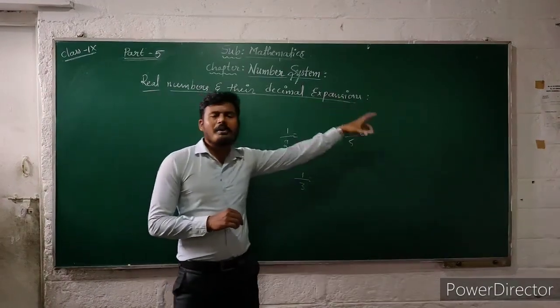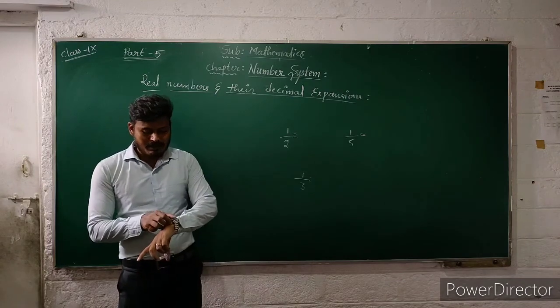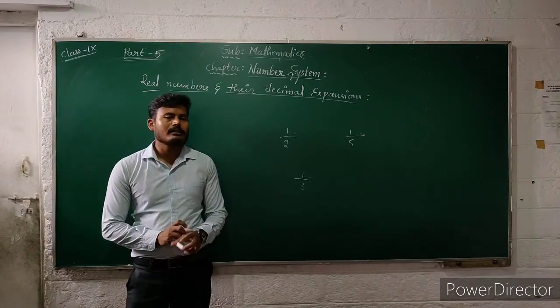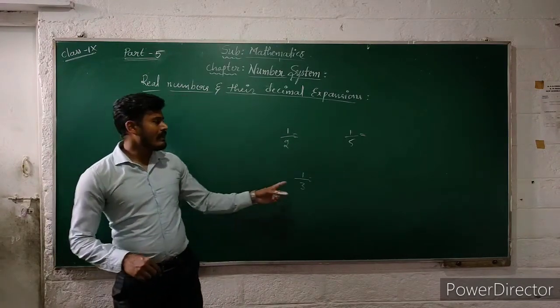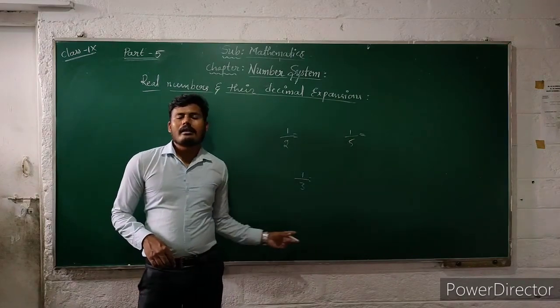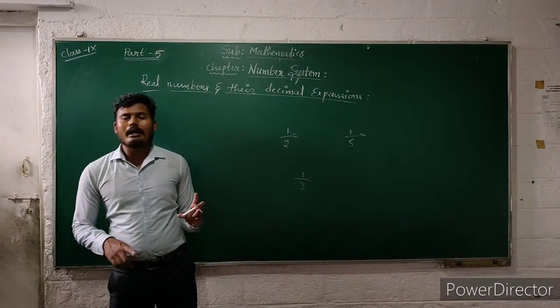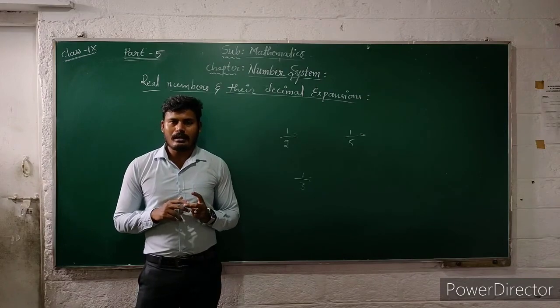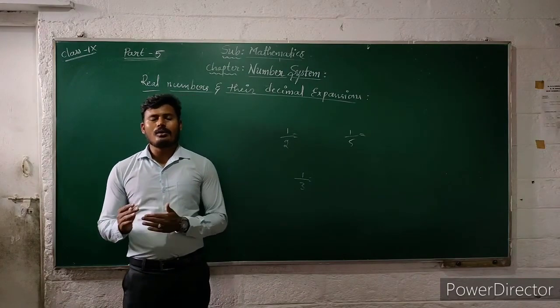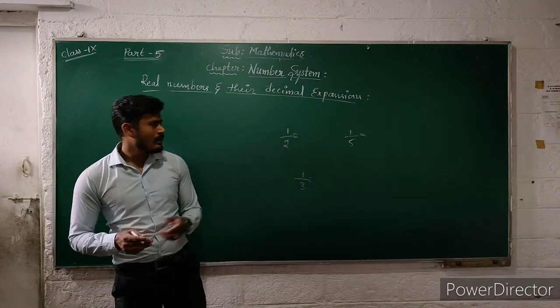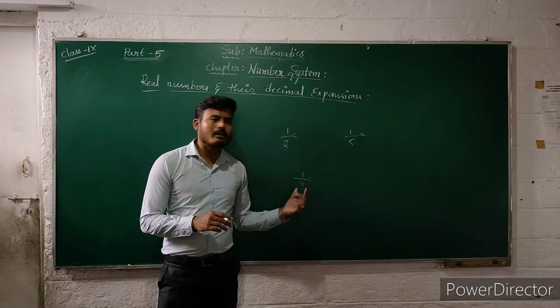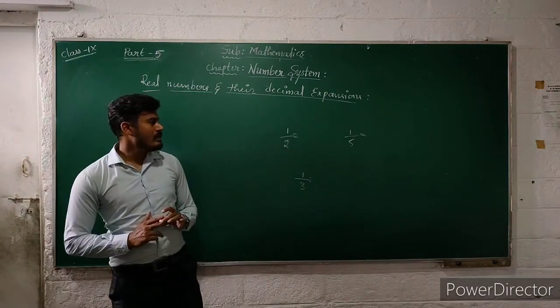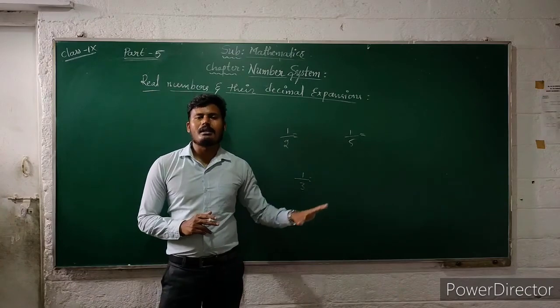These are all examples of rational numbers, isn't it? Yes, because all these numbers are in the form p by q, where p and q are integers and q is not equal to 0. So these are all rational numbers.